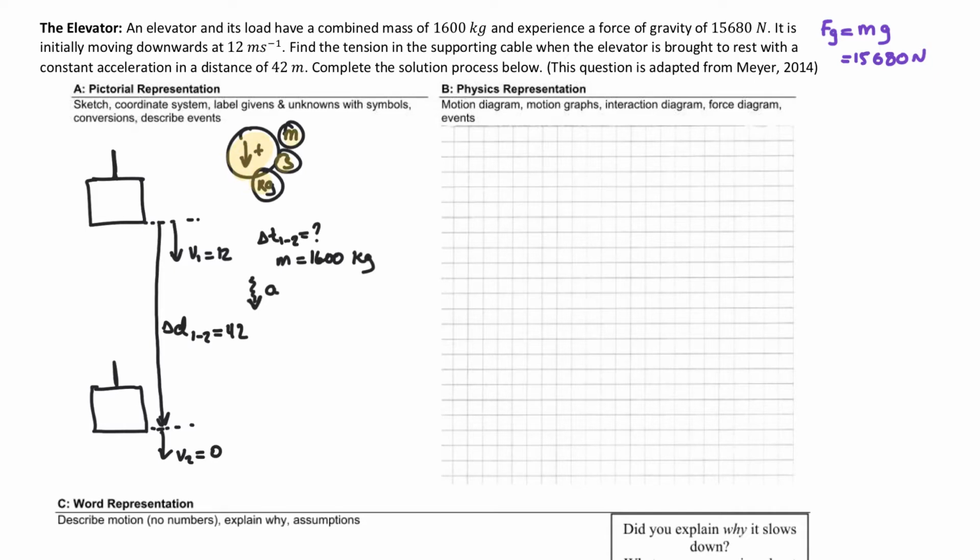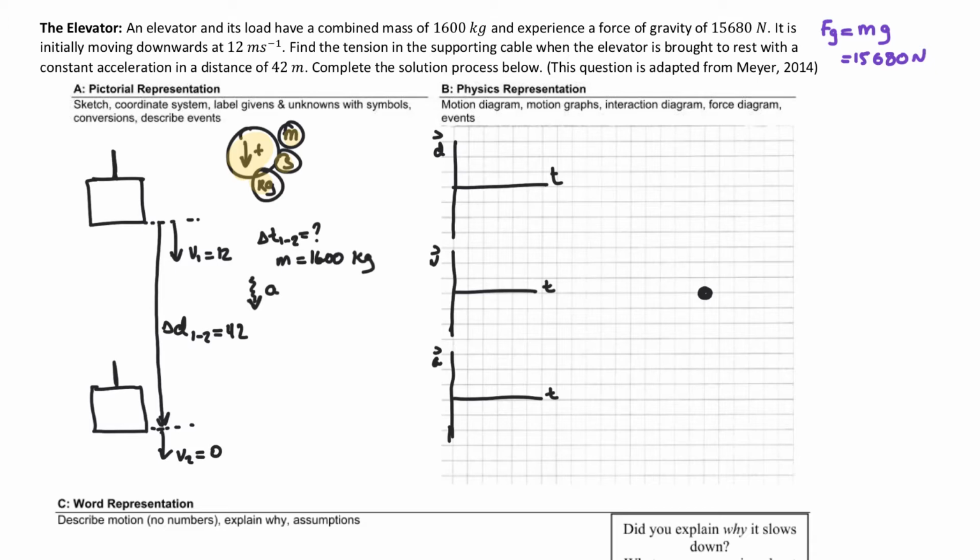In a physics representation, we're going to do the same thing. We're going to draw the position time, velocity time, acceleration time graphs. So this is position, velocity, and acceleration. And in addition to that, we're going to draw the force diagram. You can also do the interaction diagram if you want, but I'm just going to do the force here.